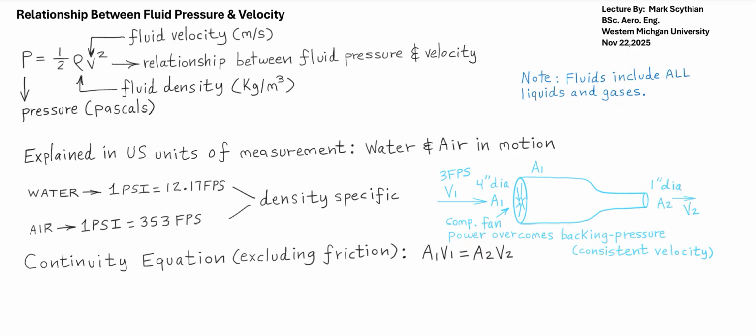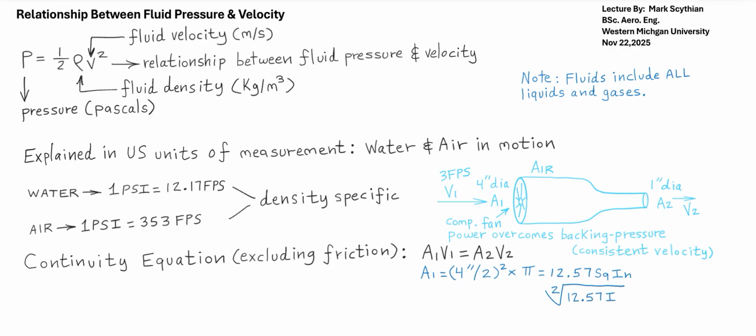So assume the fan is maintaining a consistent input velocity of air ingestion of 3 feet per second, and the intake is 4 inches in diameter, and then the output is 1 inch diameter. We'll call that A1 and A2.